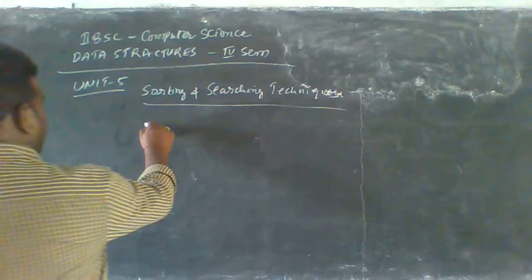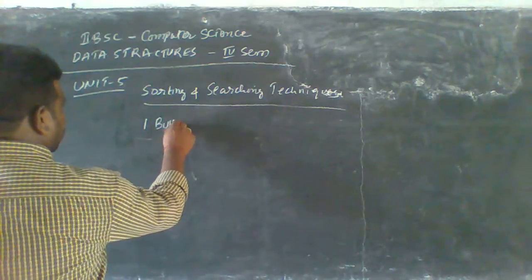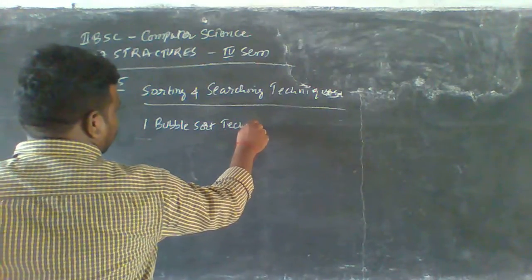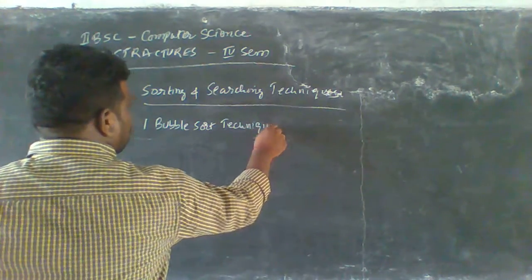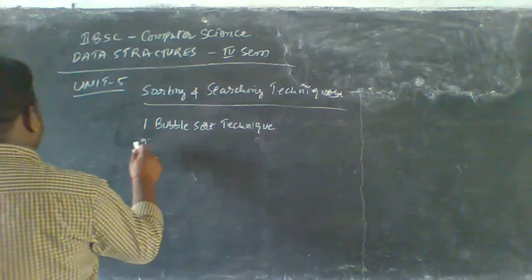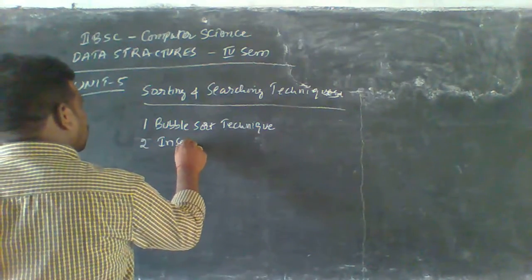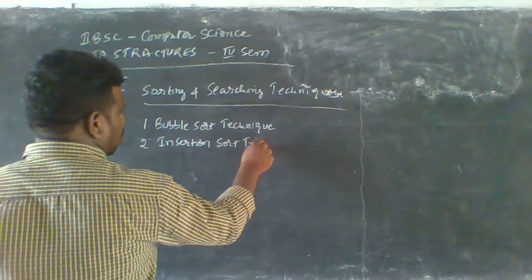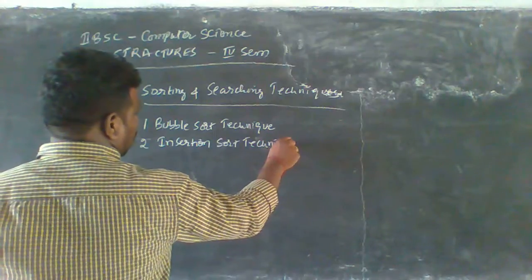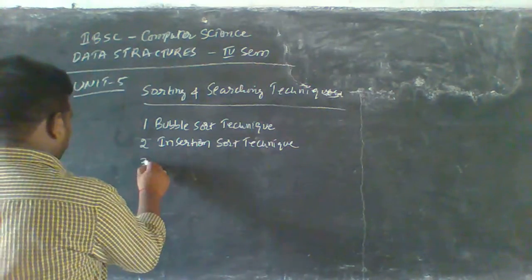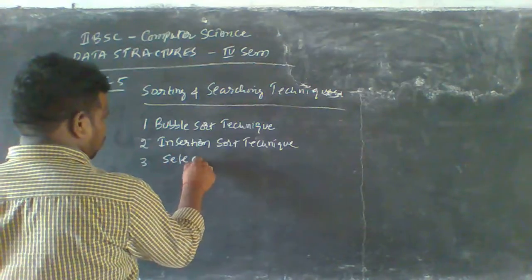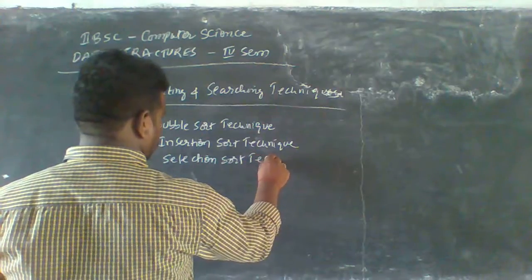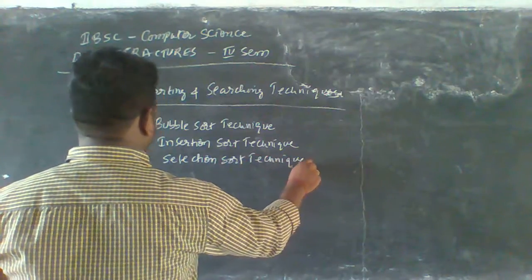The first one is called the bubble sort technique. The second one is called the insertion sort technique. The third one is called the selection sort technique.